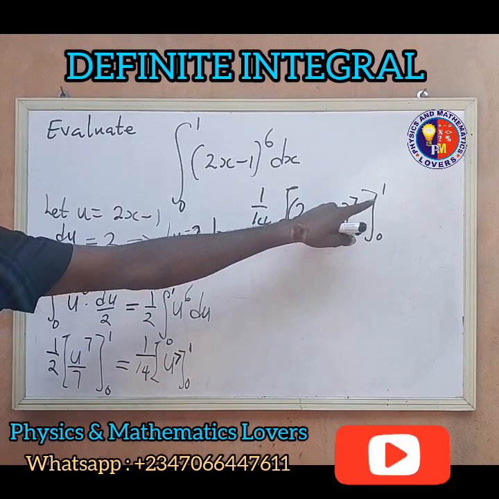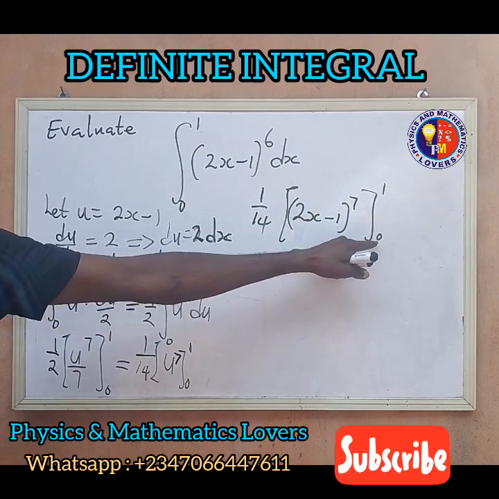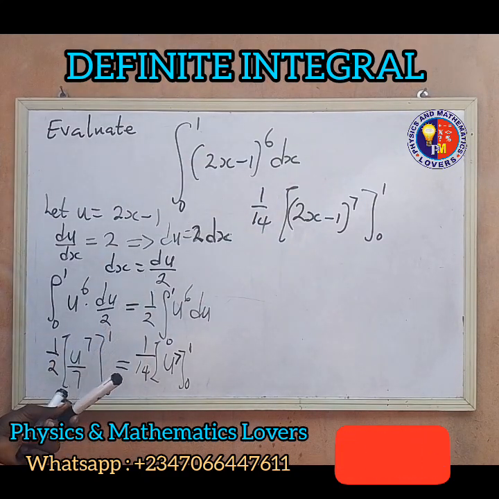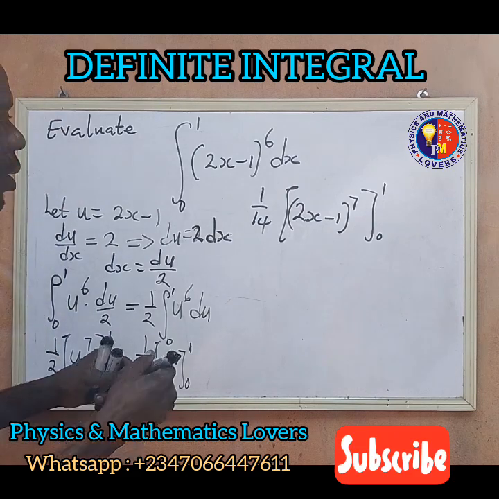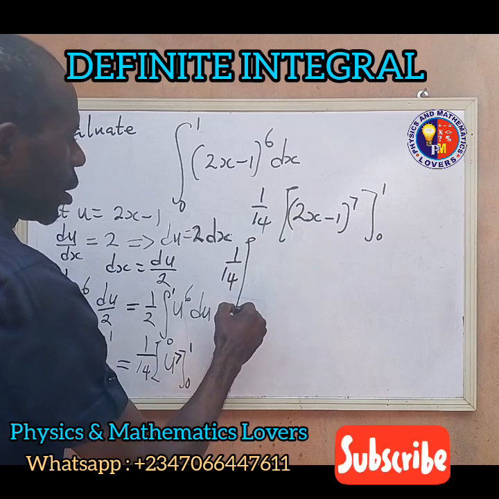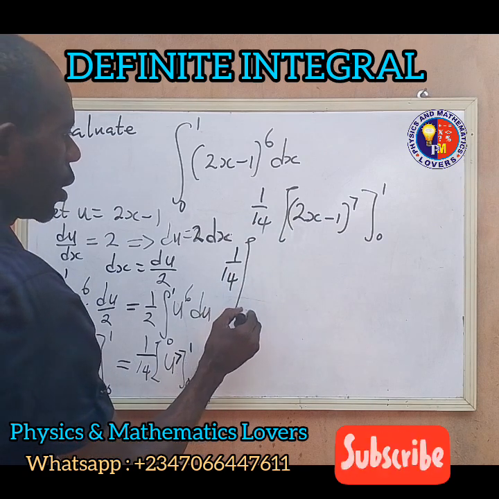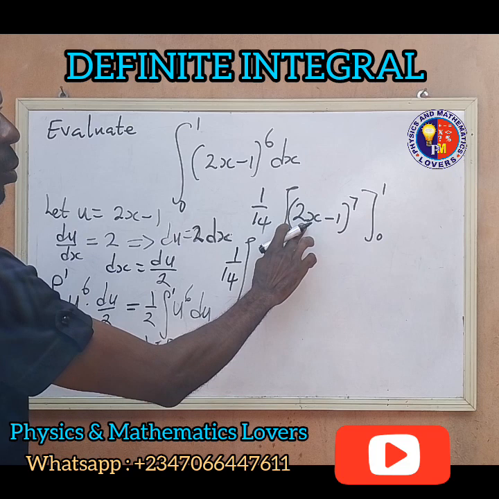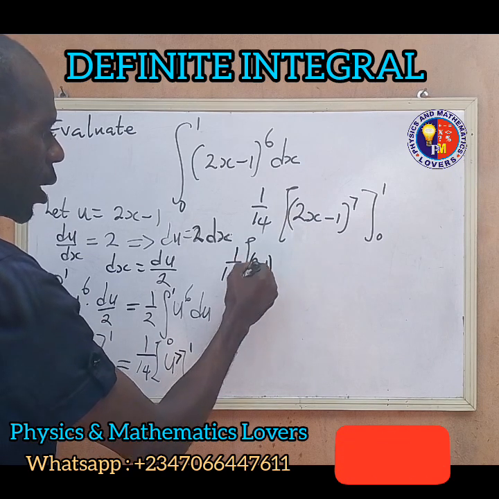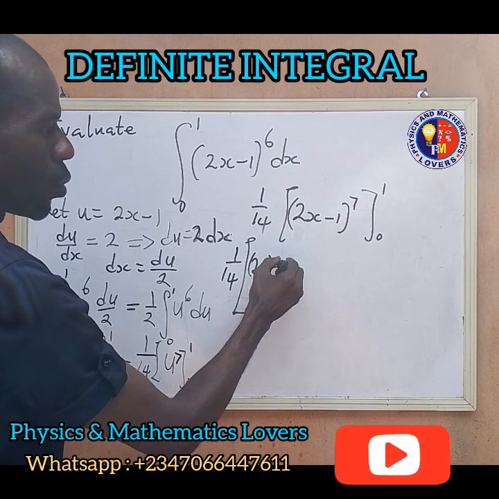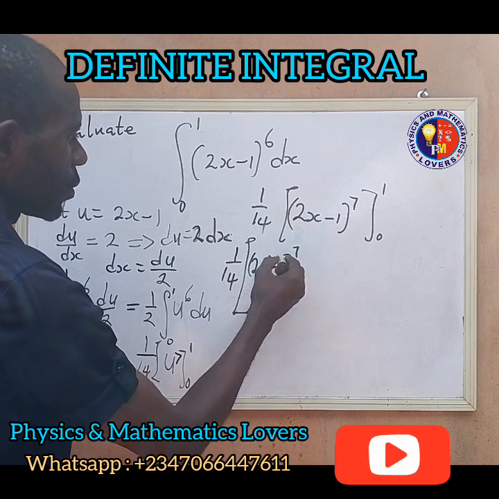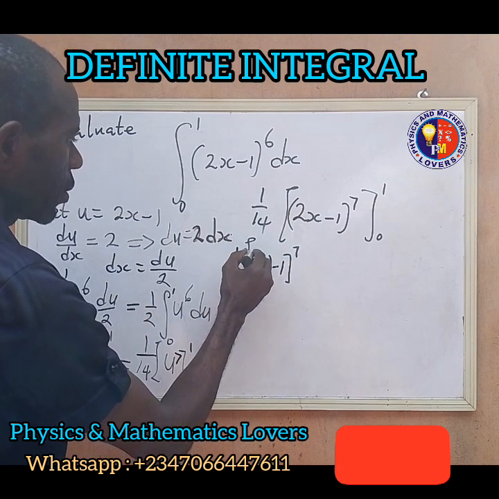Now what you just need to do is evaluate. Plug in x equal to 1, and subtract what you get when x equal to 0. Remember this 1 over 14 will be multiplying everything, whatever answer you are going to have. So let's take the 1 over 14 outside. I plug in x equal to 1, and I'm going to have 2 multiplying 1, then minus 1, all raised to the power 7.